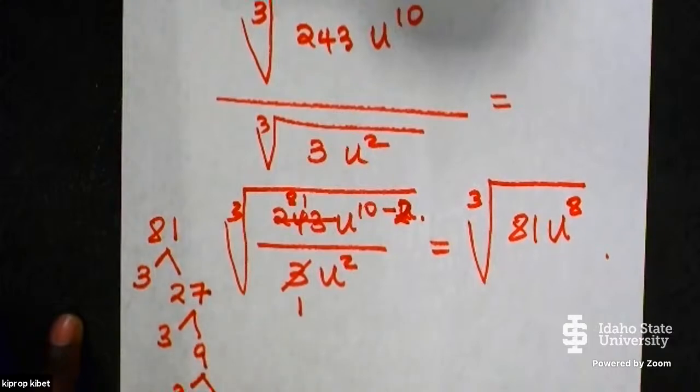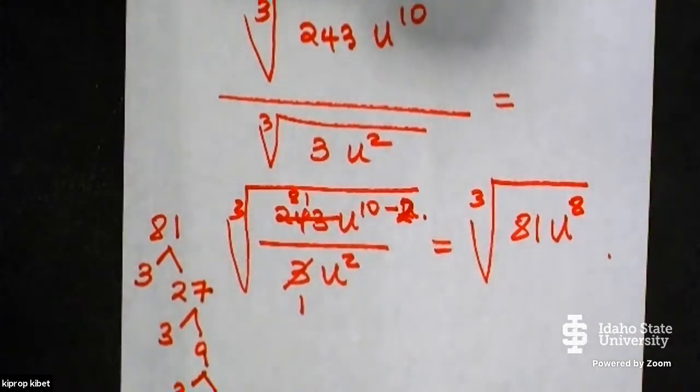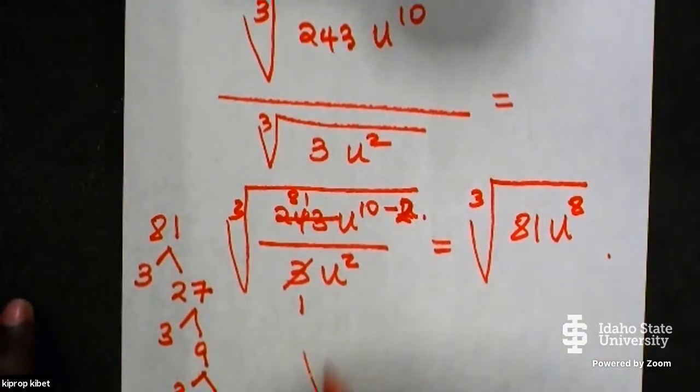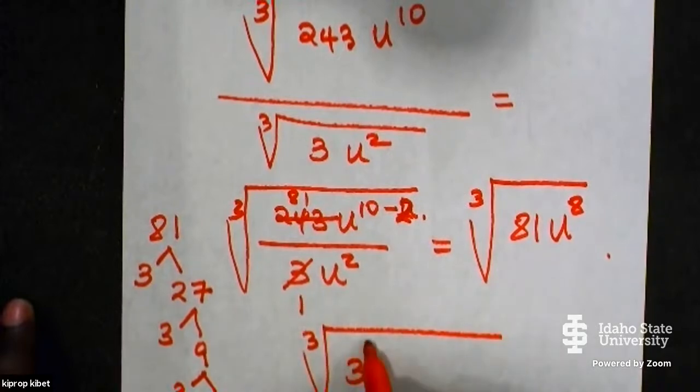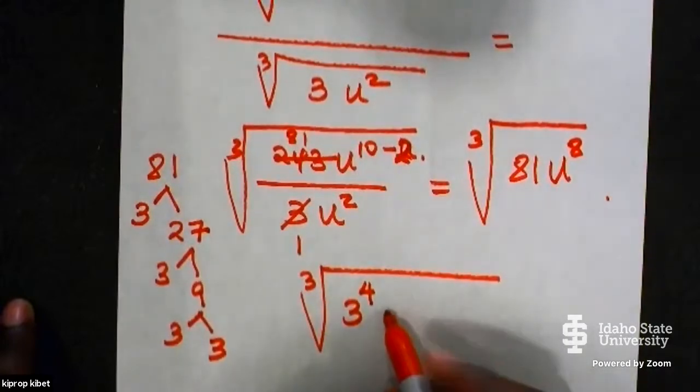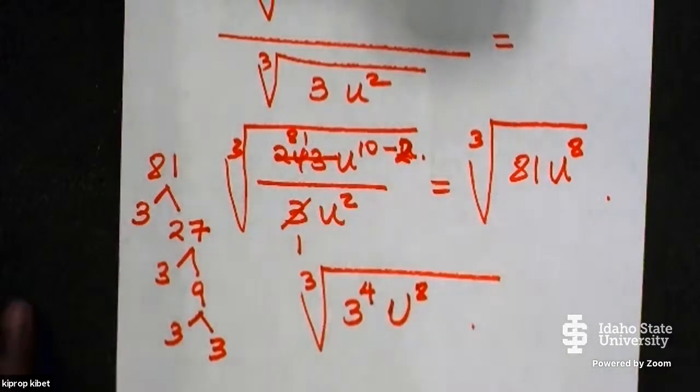And then 3, and then 3. So how many 3's are those? There are 4, right? So for 81, you now have the cube root of 3 raised to 4, and then multiply by u raised to 8. Again, you can still simplify this.